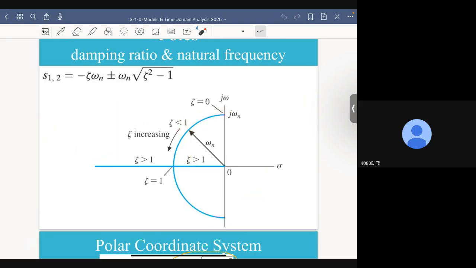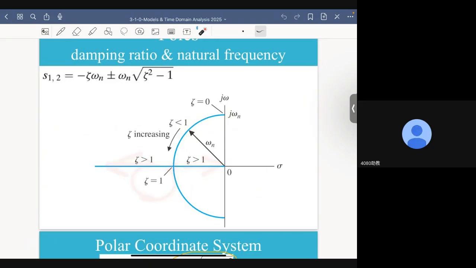Now, once eta reaches 1, the location of the poles will change: one of them will go leftward. The other will go rightward, okay?